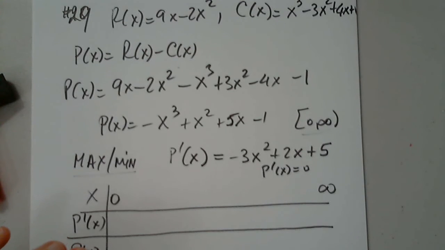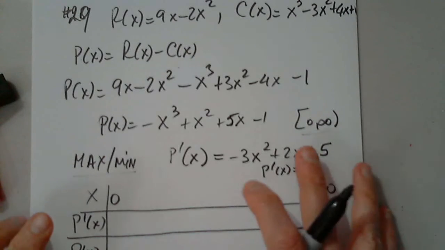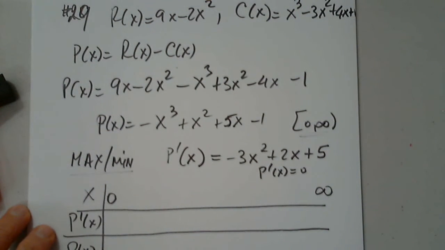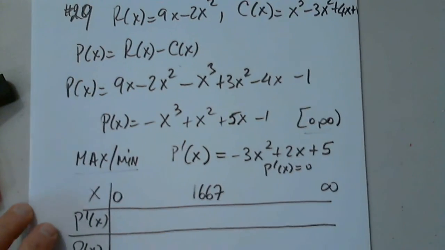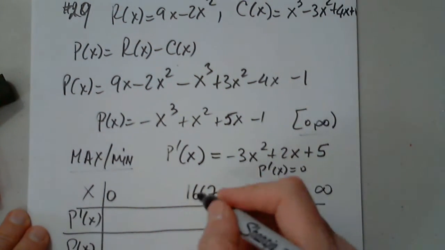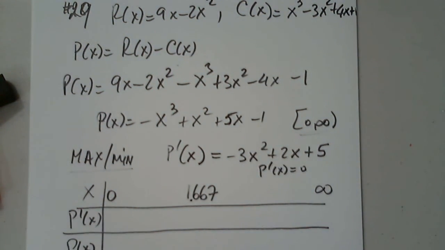So coming back to our numbers, where is my calculator? Here it is. So negative 1 is out of the question, of course. So this will be 1.667. But this is in thousands, right?